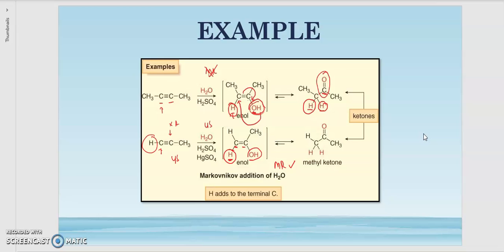Same thing happens: the enol is unstable, so rearrangement occurs to the keto form. The carbon bonded to OH will turn to C=O, and the carbon originally attached to a hydrogen will get another hydrogen from OH. So it will look like this.